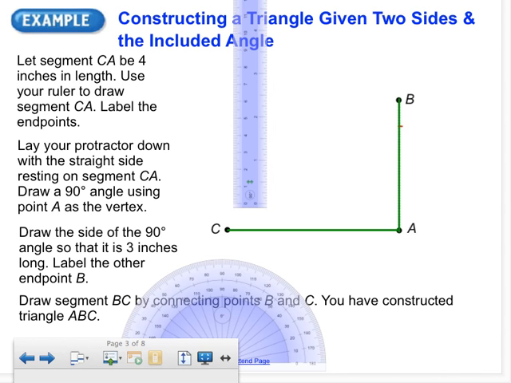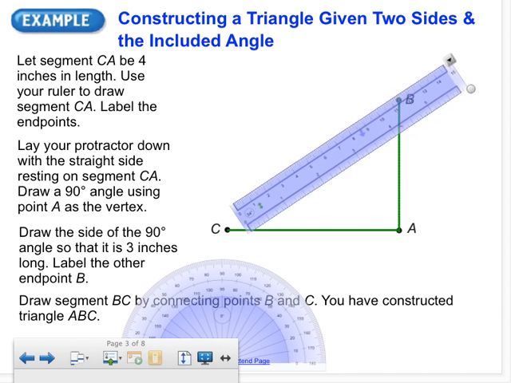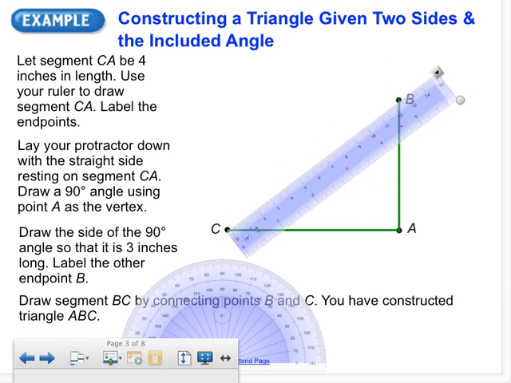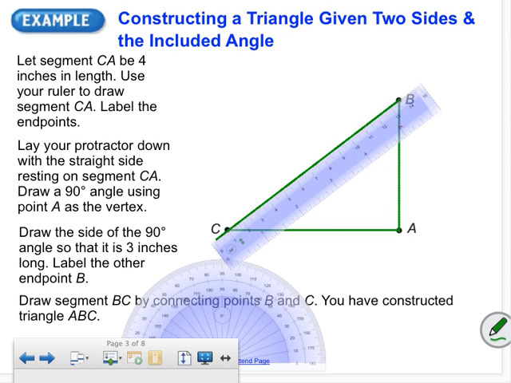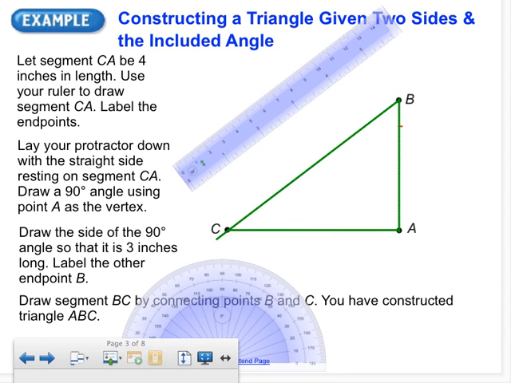So guess what? I have one more line segment to draw. I need to connect line segment BC. Okay, I drew a little bit too much, so I'm going to erase that.